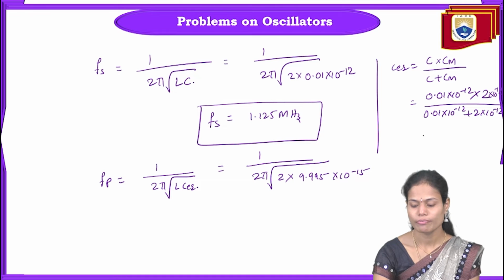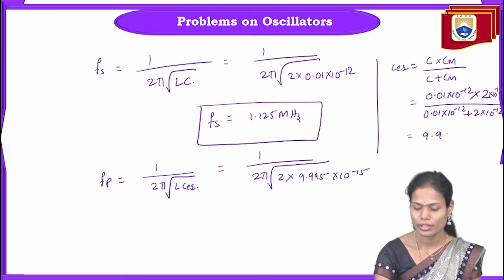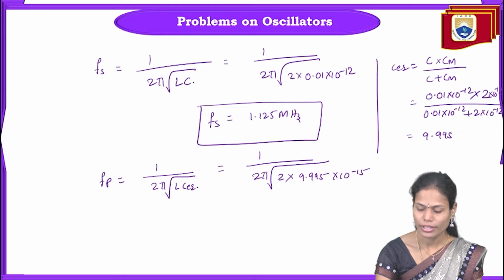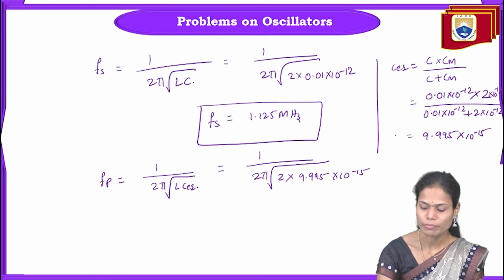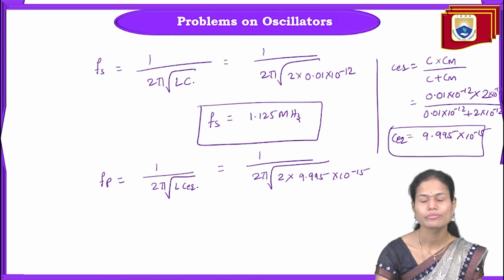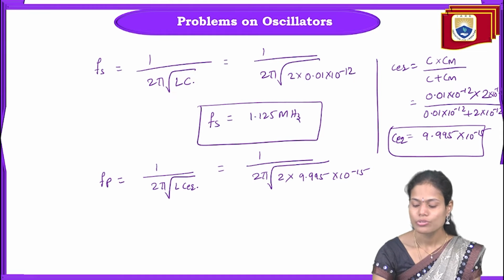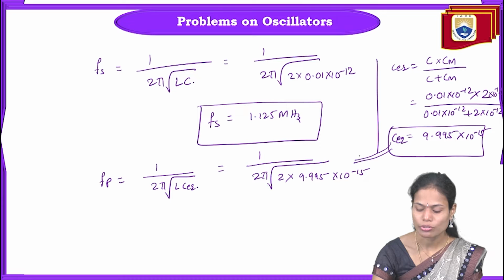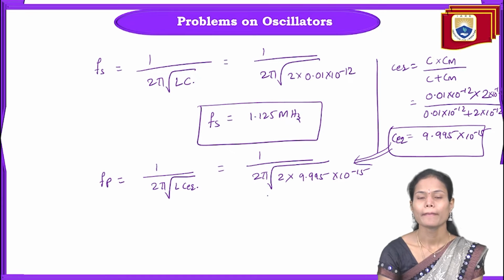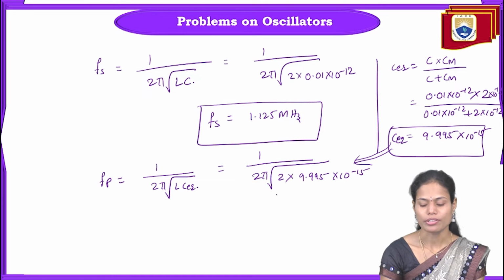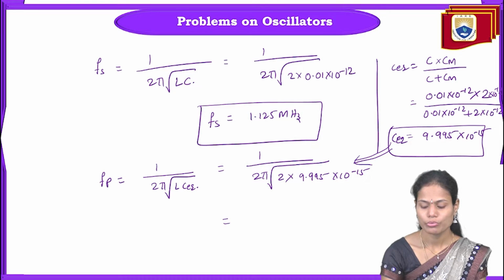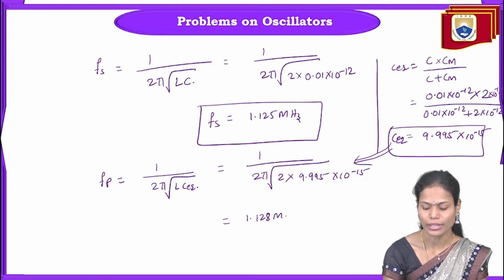The value of this is 9.995 into 10 power minus 15. So this is the C equivalent capacitance, and this particular capacitance we utilize to find the parallel resonant frequency. If we simplify it, we will get 1.128 megahertz.